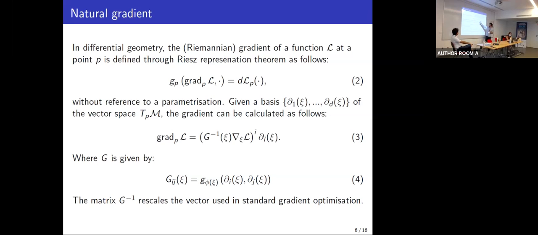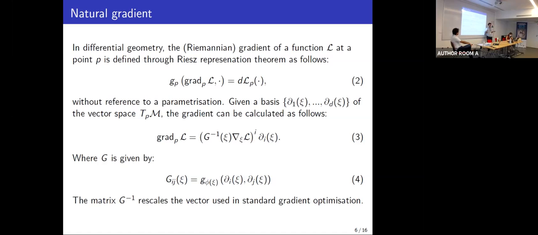In differential geometry, the Riemannian or natural gradient is defined implicitly using the Riesz representation theorem. If we have on this side the differential of the map L, which is a part of the cotangent space at a point P, then we can use the Riesz representation theorem to find the representation of this cotangent vector in the tangent space, using the metric that is on the space of probability distributions.